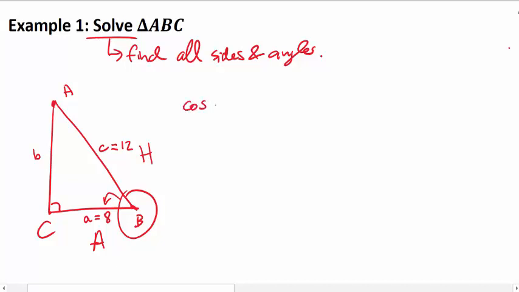So cosine of angle B is equal to A over H, so 8 over 12. And what I need to do is inverse cos, so B equals cos to the -1 of 8 over 12. Angle B is equal to 48.19.